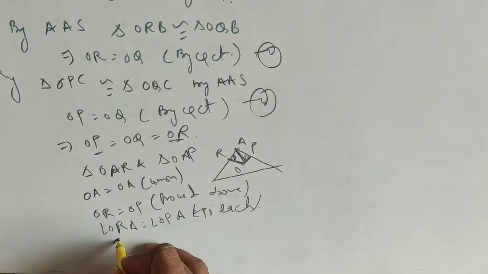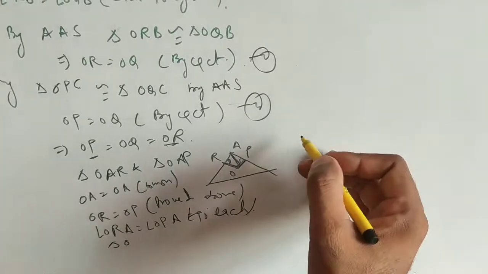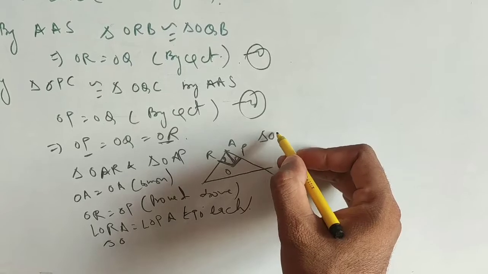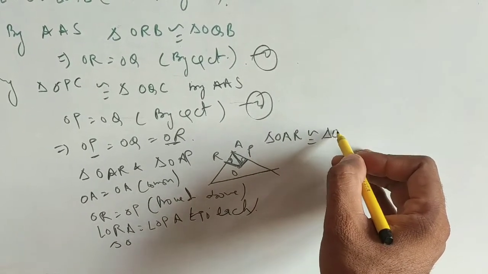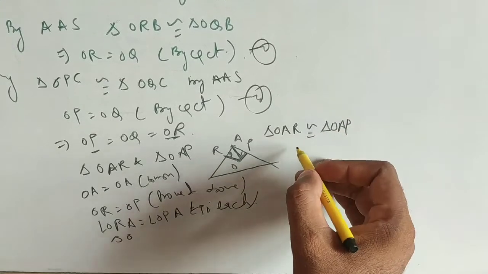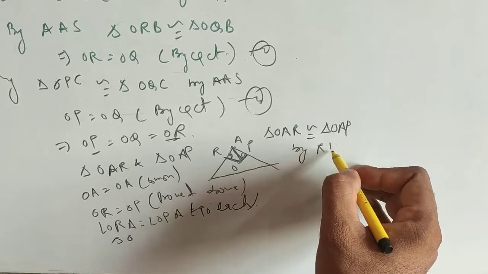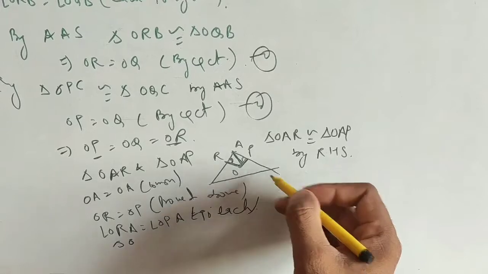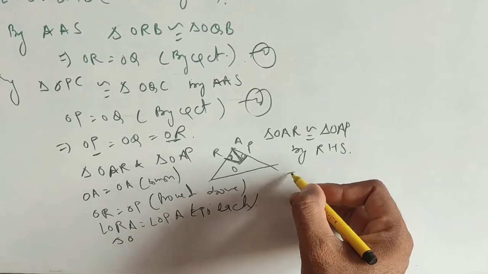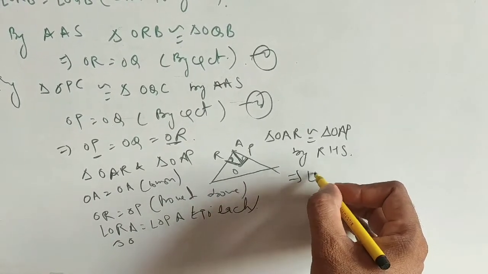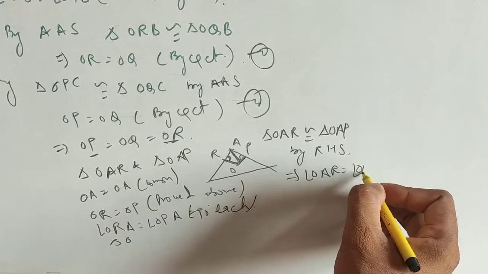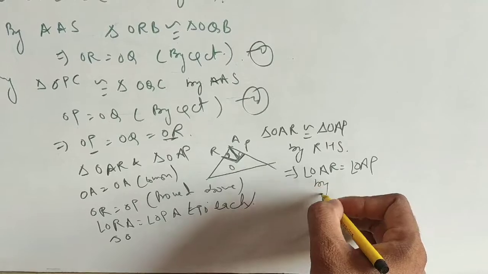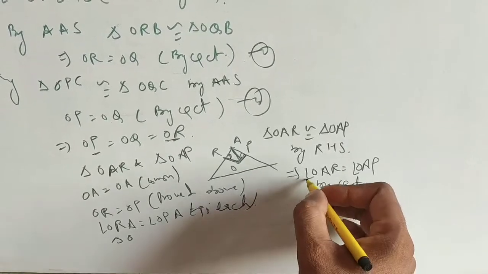So triangle OAR is congruent to triangle OAP by RHS. By RHS criteria, triangles will be congruent, and therefore angle OAR will be equal to angle OAP by CPCT.